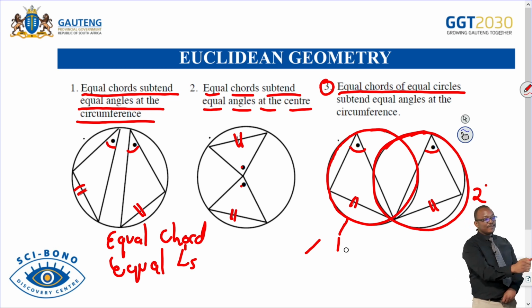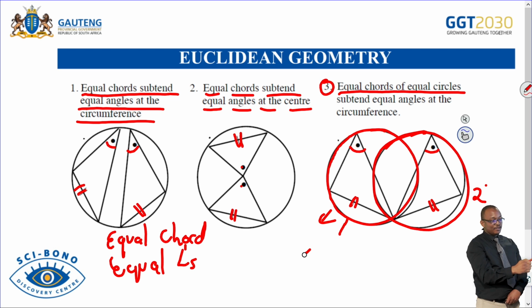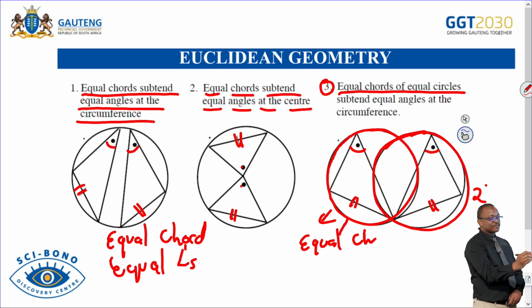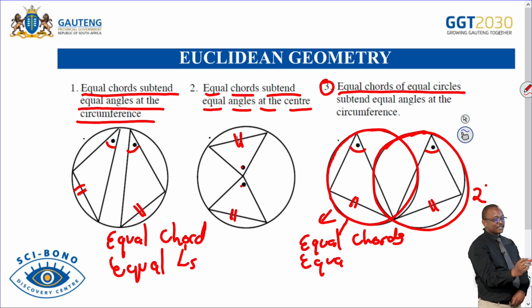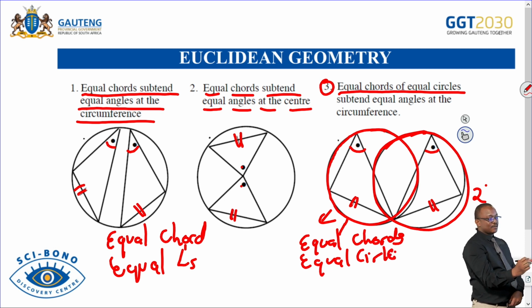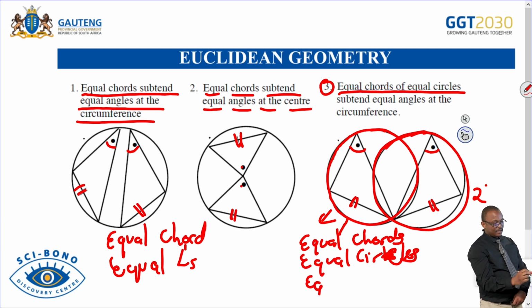So, giving the reason for this theorem, you will say equal chords, equal circles, then equal angles.